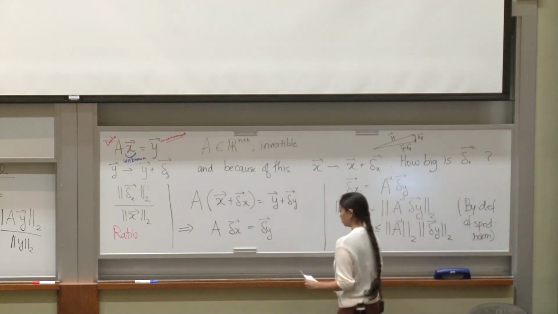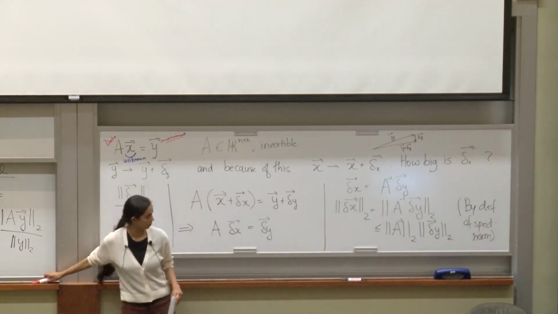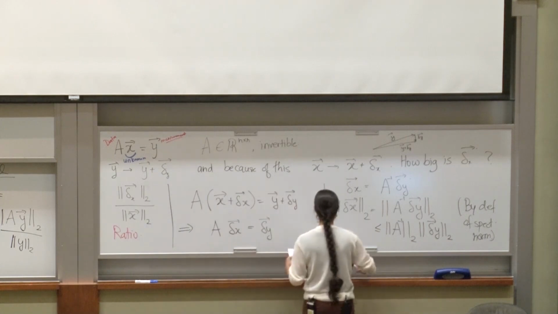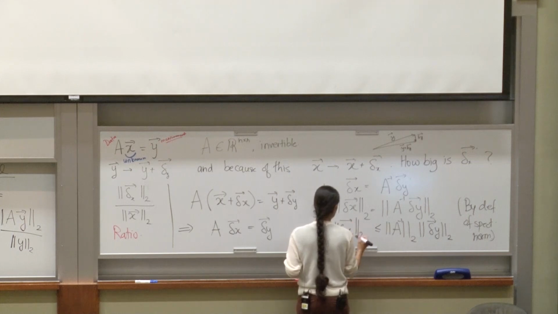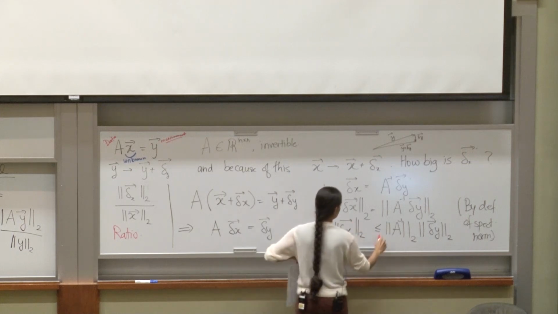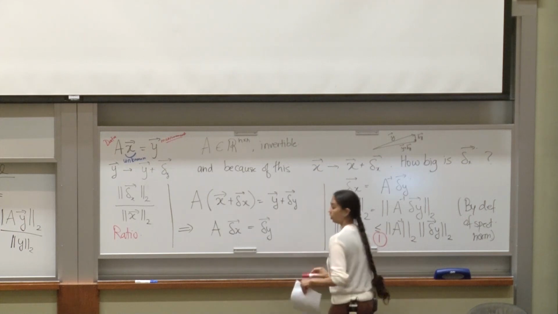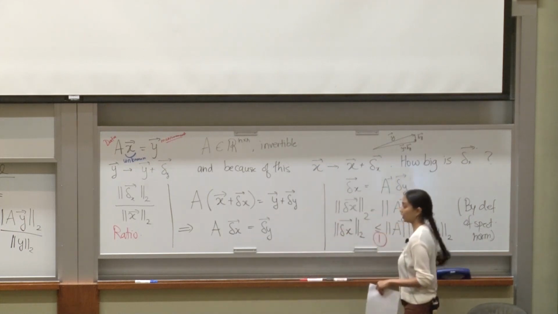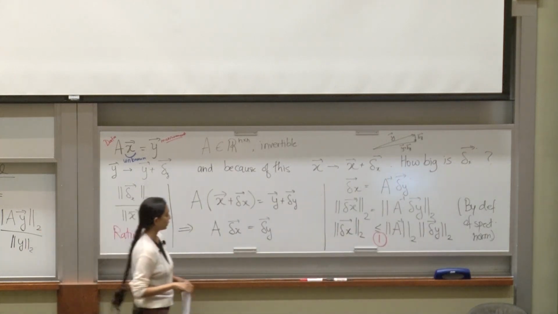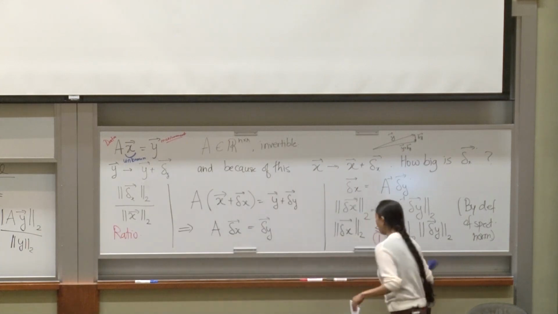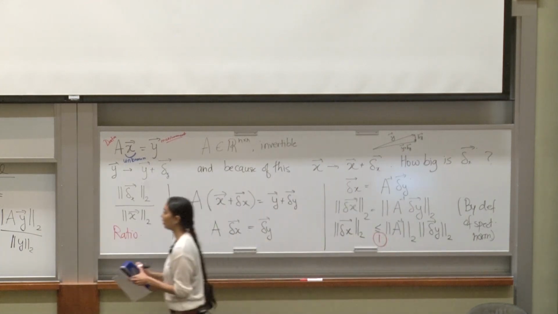Okay, good. So let's call this inequality 1. So I'm on my way to being able to bound this quantity. What else do I need to bound, or what else do I need to be able to say something about?